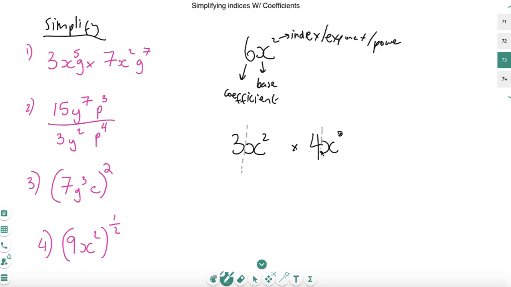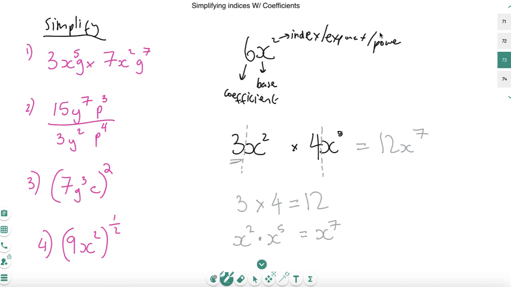I split up the 4 and the x to the power 5. And below, I'm going to write 3 multiplied by 4. So I'm going to multiply the coefficients first. So 3 times 4 is 12. And then I'm going to multiply the indices. So x squared times x to the power of 5. This dot means multiply. X squared times x5 is x to the power of 7. So the final answer is 12x to the power of 7.